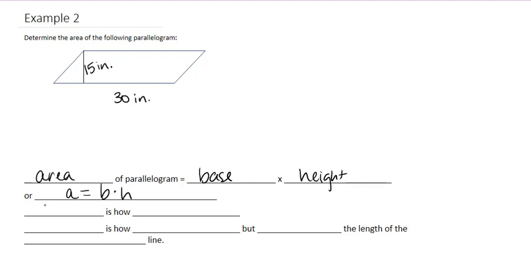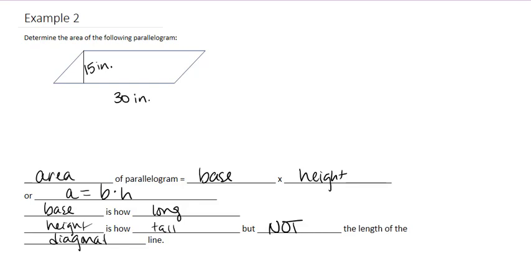And the base is how long, and the height is how tall, but not the length of the diagonal line. And so for this example, we do not have the length of the diagonal line, so this makes it easy to see the two numbers.